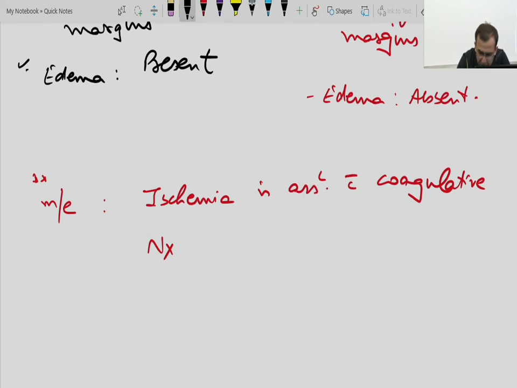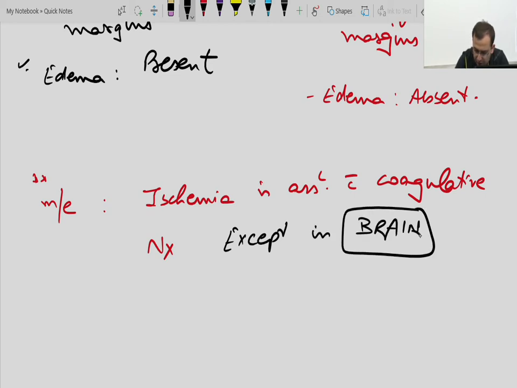The question that is asked is, except in brain. It is associated with coagulative necrosis except in brain, where it is associated with liquefactive necrosis.